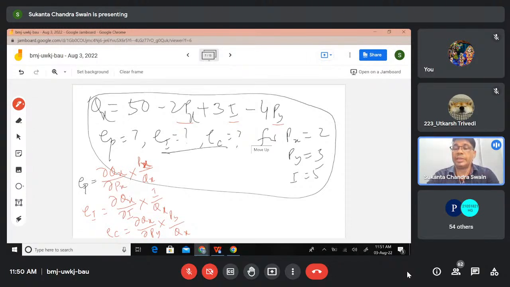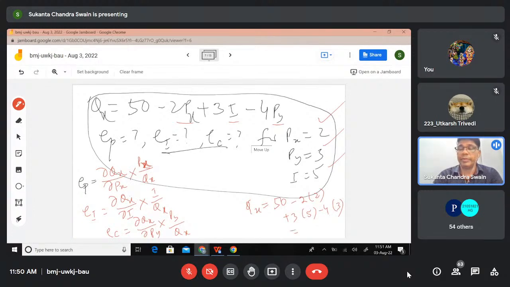Because all the values are given, Px, Py and I, put all these values and you will get Qx. So Qx is equal to 50 minus 2 into 2 plus 3 into 5 minus 4 into 3.